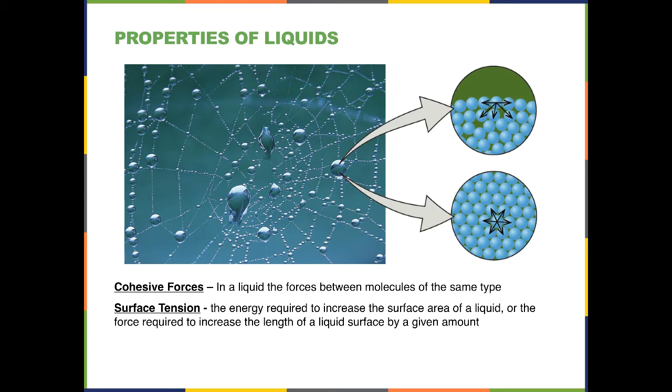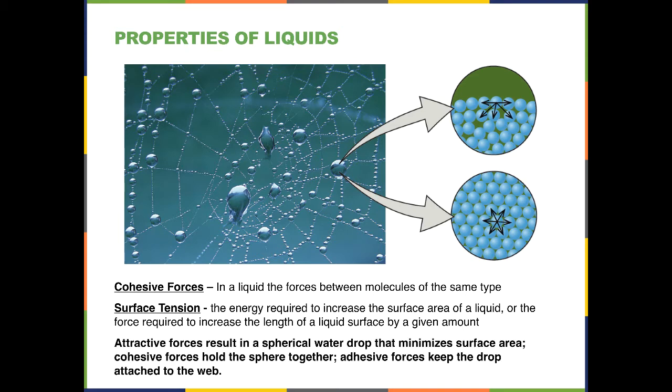In a liquid, these are the forces between molecules of the same type. And what we see in the picture here is some water droplets on a web, and the water holds together in these little droplets by means of cohesive forces. And if you want to push apart or pull apart these molecules of water, you have to overcome the surface tension of the water.